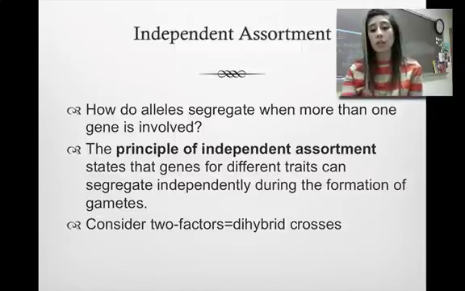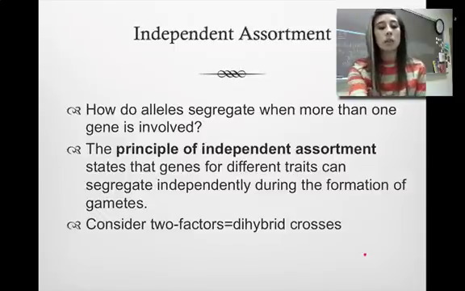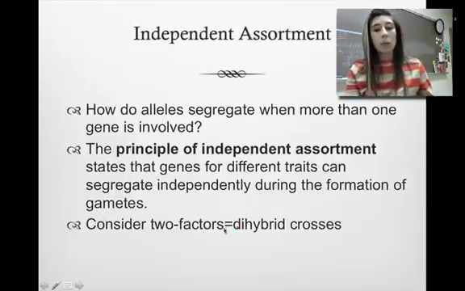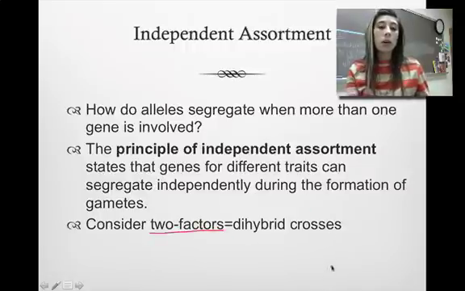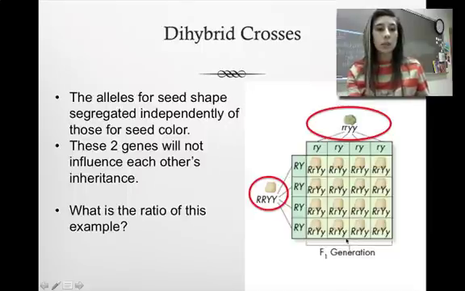And so we've already kind of discussed this, but we want to consider looking at a dihybrid cross, and this is when we're looking at 2 different traits. So the Punnett squares can get a little bit more tricky when you do these. For example, we want to look at seed shape as well as seed color, and the alleles for seed shape will actually segregate completely independently of those for seed color.